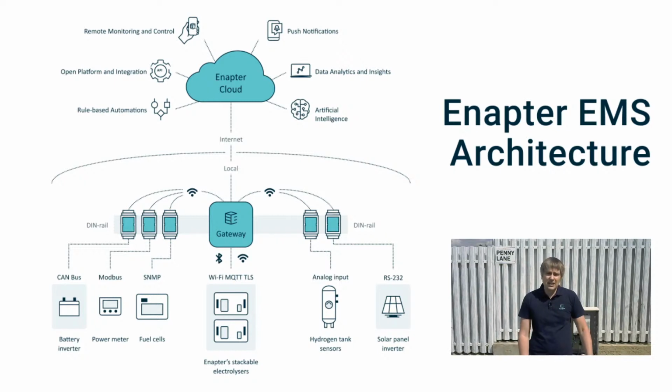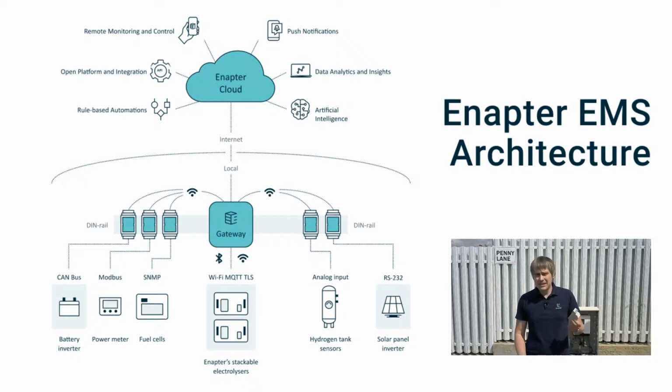The first and very important block is our universal communication module. This is a tiny DIN rail mountable device, allows to translate protocol of energy devices into the common language. And also it enables wireless communication for the device.